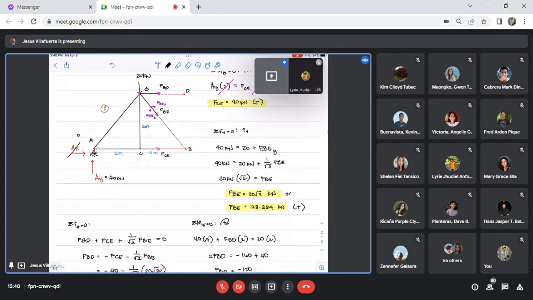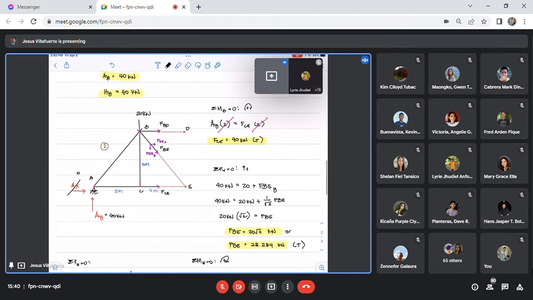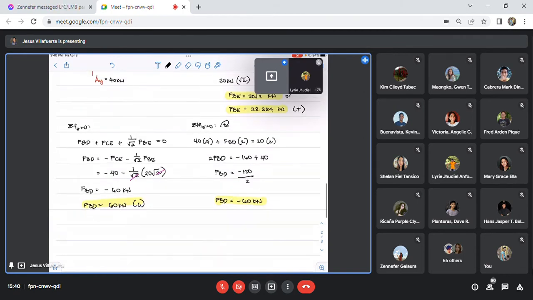So it doesn't matter which equilibrium equation you use. The true answer will come out if your process and solution are correct. So as you can see, I took summation of moment at E. The answer is negative 60 kilonewton, still the same for both. So this checks.